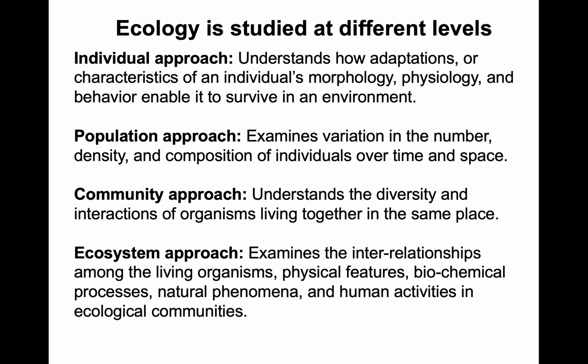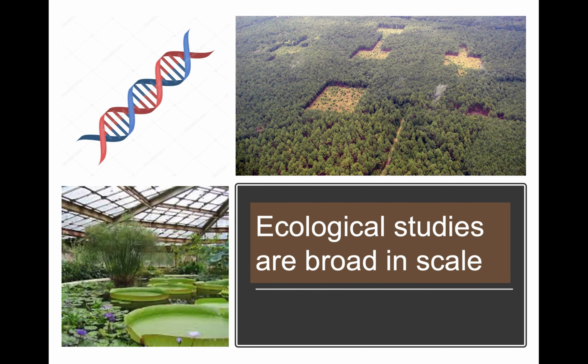Okay, so knowing this, you can imagine that ecological studies are very broad in scale. And just to give you an example, if you were an organismal ecologist, you might literally study molecules. This is DNA, but you may study the types of proteins that are similar between species or populations.